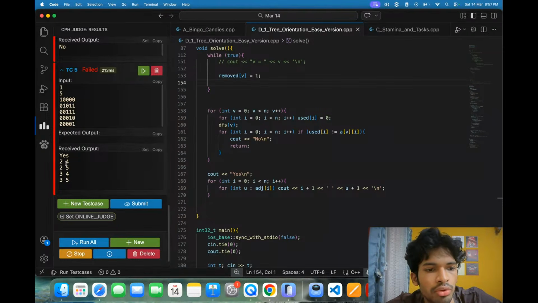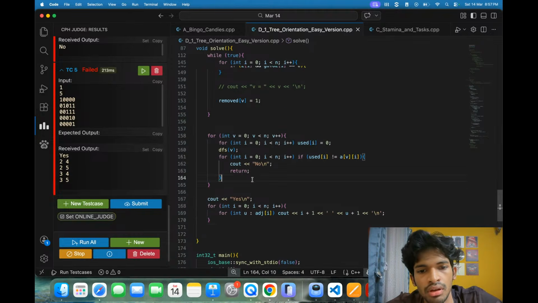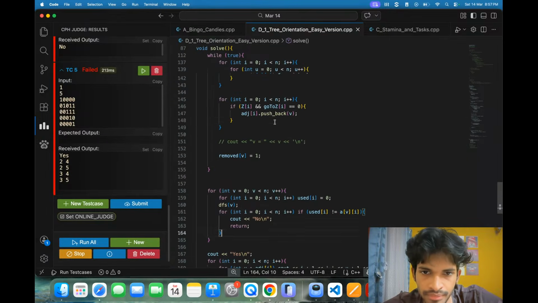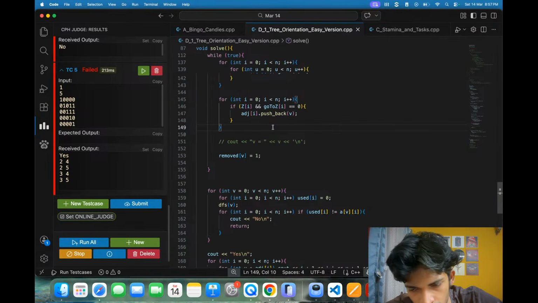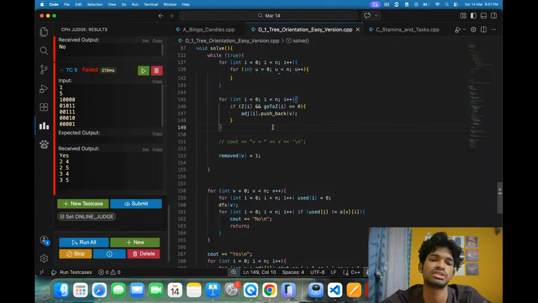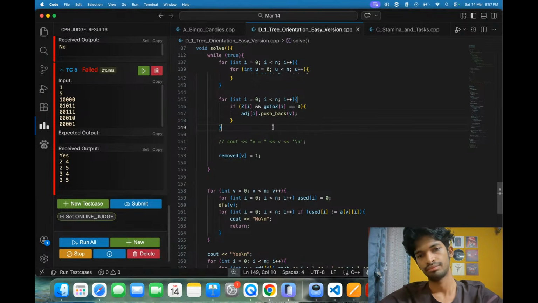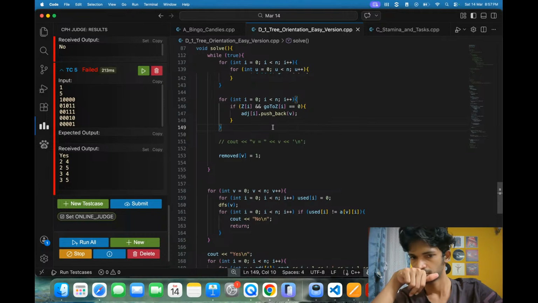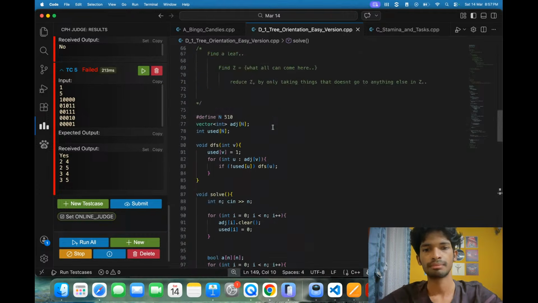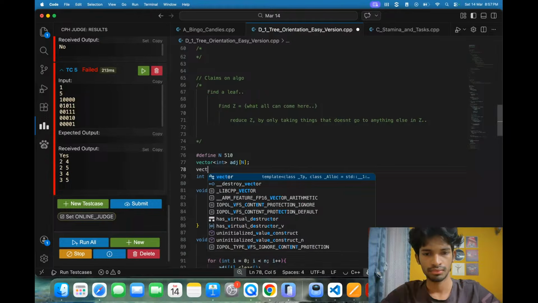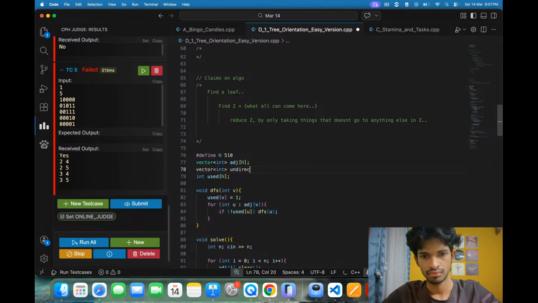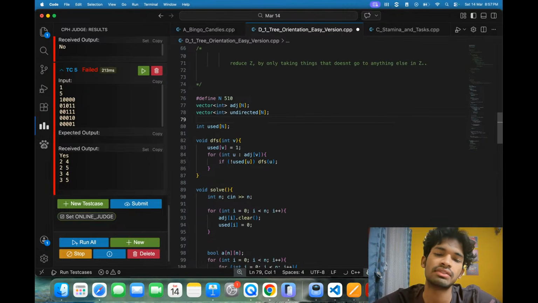Maybe this is not a tree. 2425, 3435. It's not a tree. Now, how do we force it to be a tree? If undirected has everything, it's a tree.